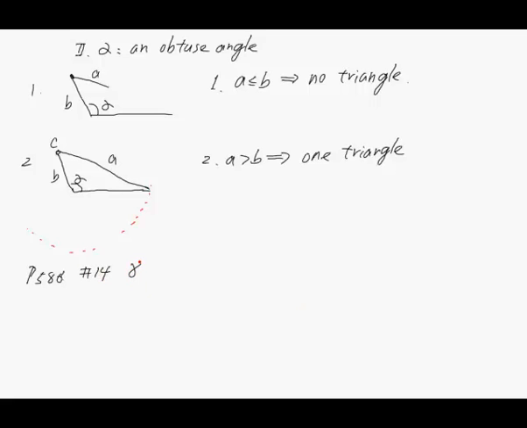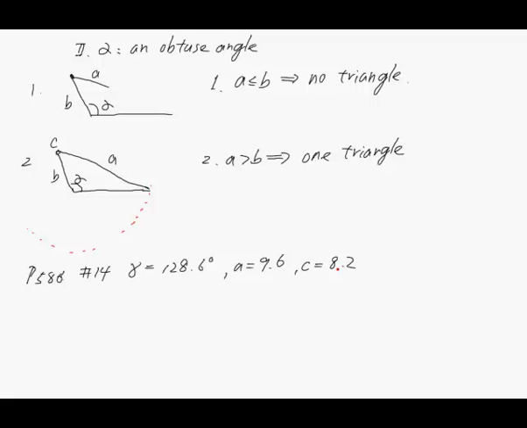We have gamma equal to 128.6 degrees, A is equal to 9.6, and C is equal to 8.2.